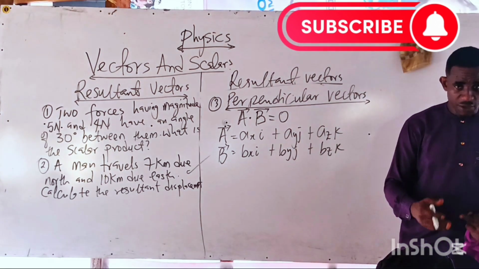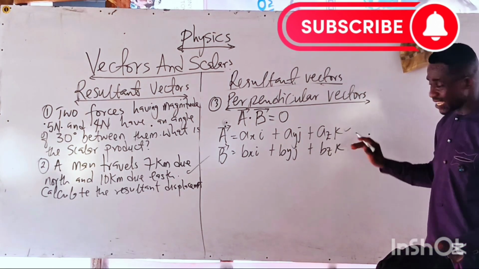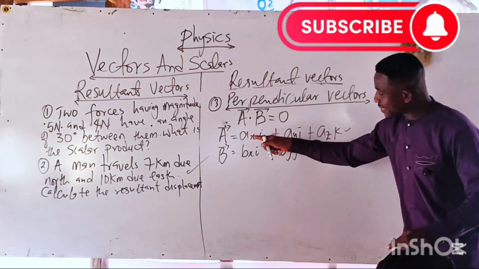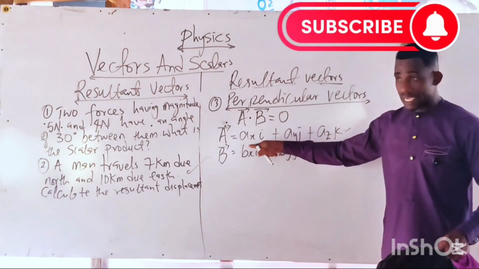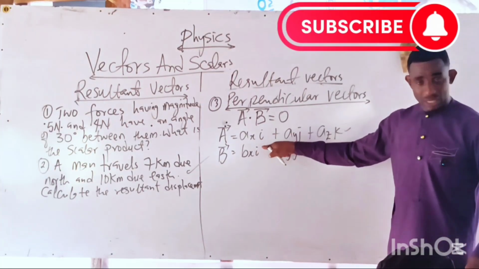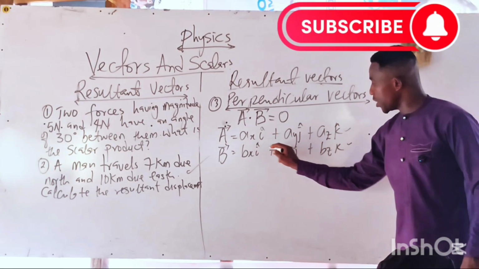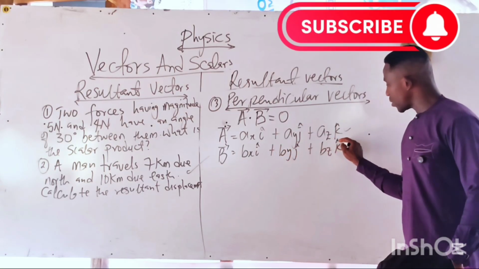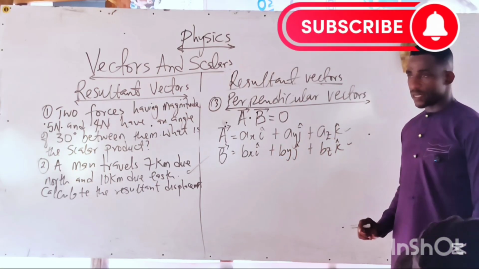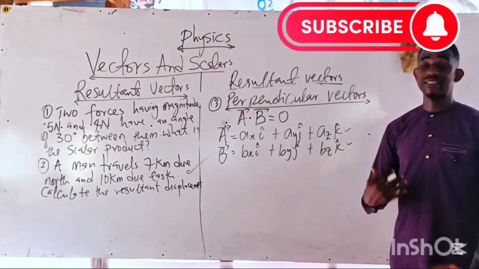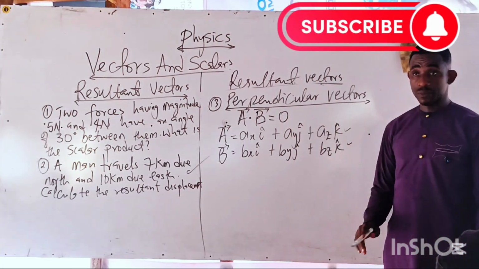This is seen as a vector. This other one is also seen as a vector. It has magnitude, which is component, and direction. This thing is a unit vector, and also a unit vector. If a vector is represented like this, and now they are asked to find the dot product.